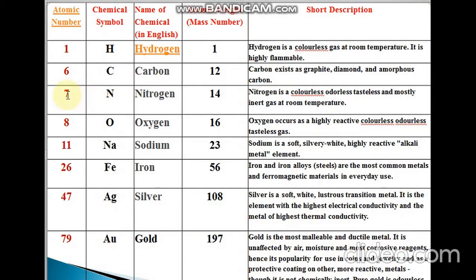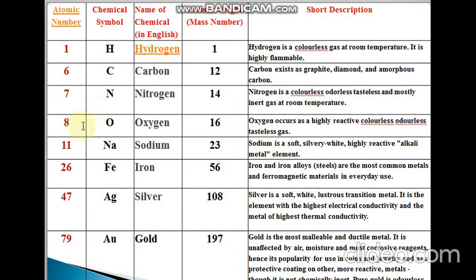Next is atomic number 7 and the chemical symbol N, nitrogen, 14. Nitrogen is a colorless, odorless, tasteless, and mostly inert gas at room temperature.